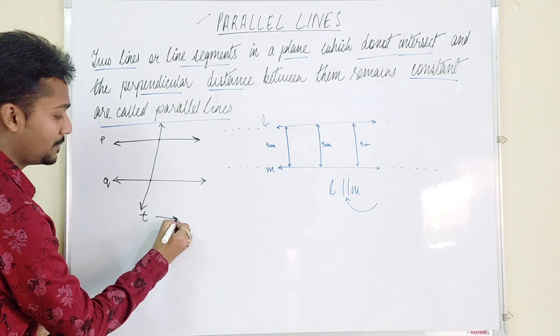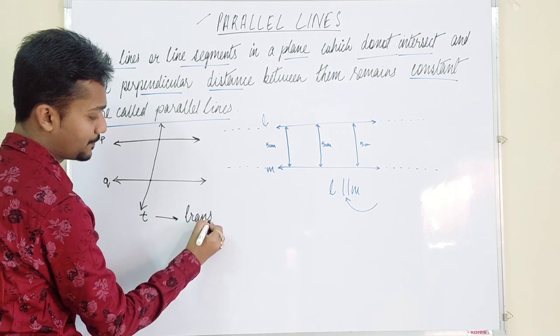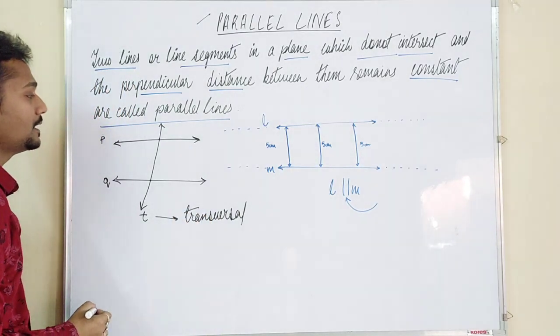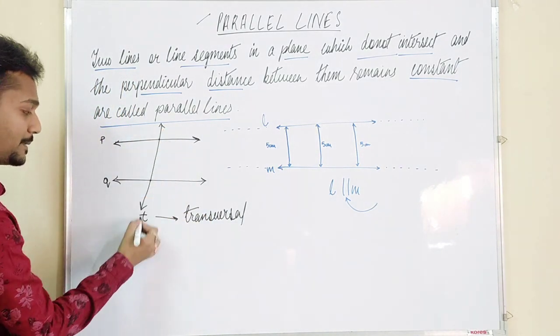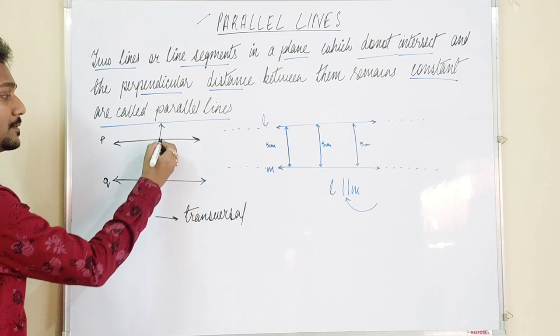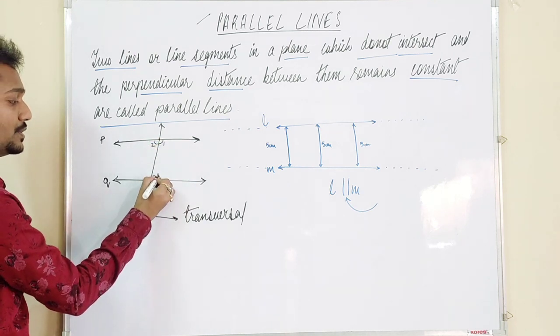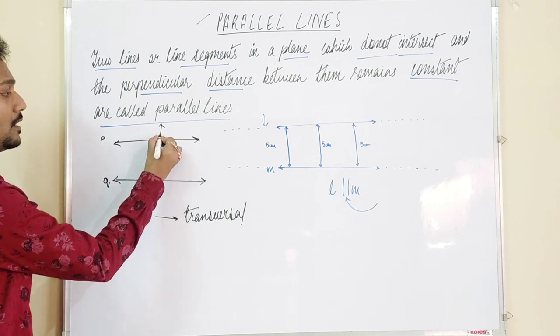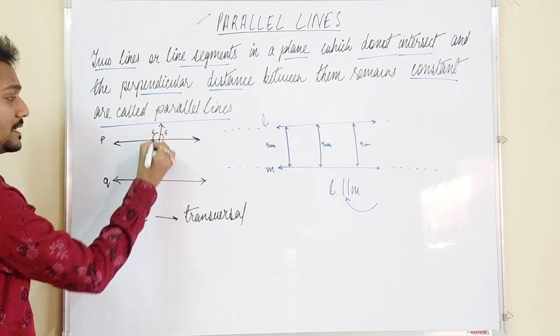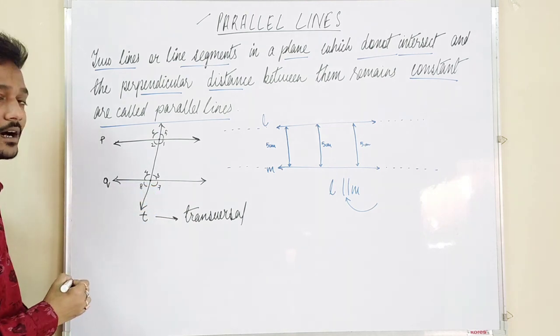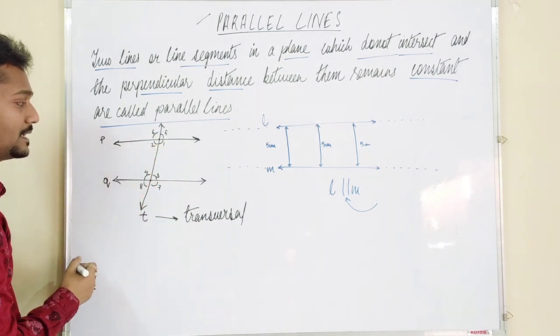This line will be known as transversal. If two parallel lines are cut by a transversal, then how many angles will be formed? 1, 2, 3, 4, 5, 6, 7, 8. 8 angles are formed, isn't it?